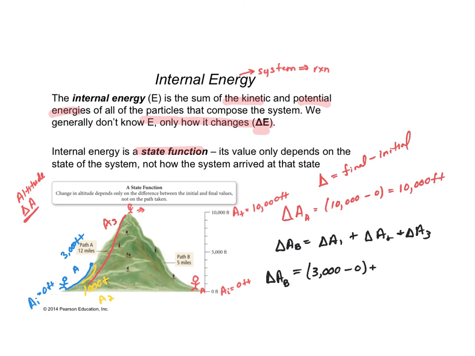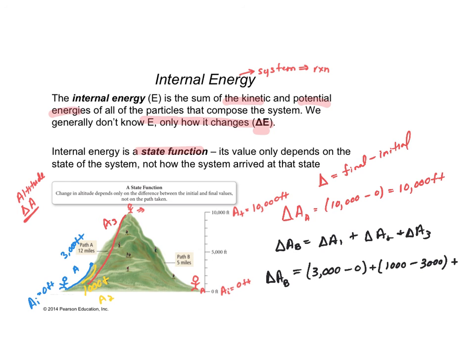We're going to add that to the change in altitude for segment 2. We started at 3,000 feet and then climbed back down to 1,000, so final here is 1,000 minus initial of 3,000.